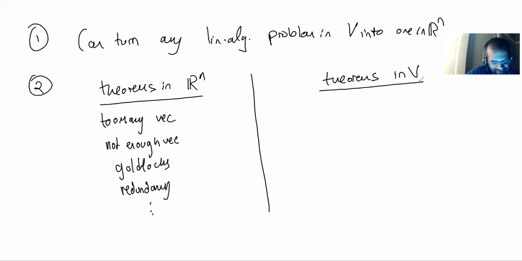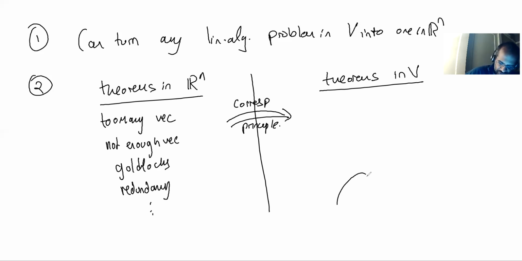I mean, not a drag. It could be a fun exercise, but okay. There's a very slick way to get all these theorems for free. What we're going to do in the next lecture is show you that because of the correspondence principle, you just get all of these for free via the coordinate mapping. So just because of this isomorphism, all of the theorems now hold in this new generality.